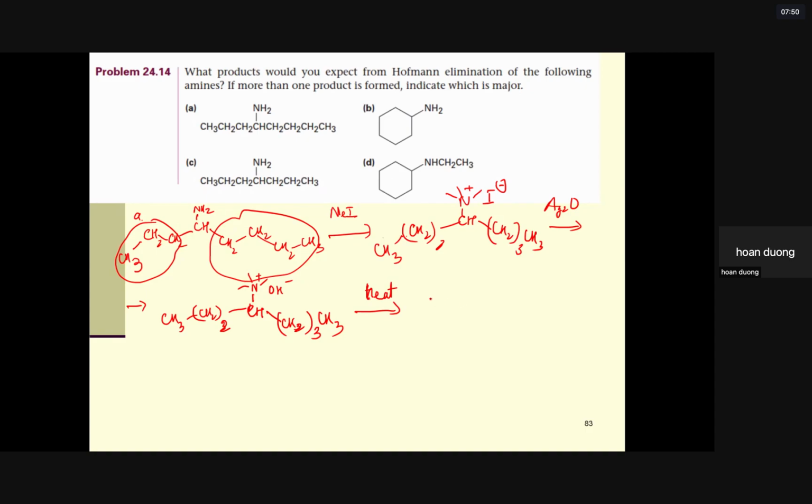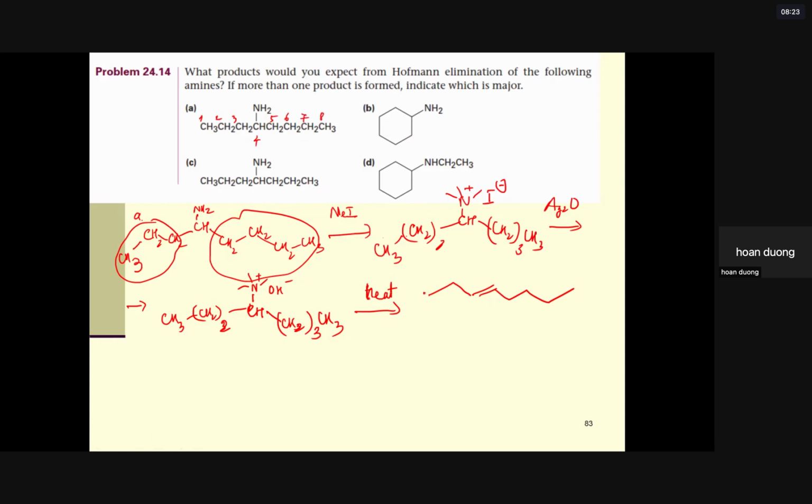And one you can get, now I draw, in a simple way. One, two, three, four, five, six, seven, eight, right? If you are not very good at organic chemistry, I think you should label the carbon numbers.